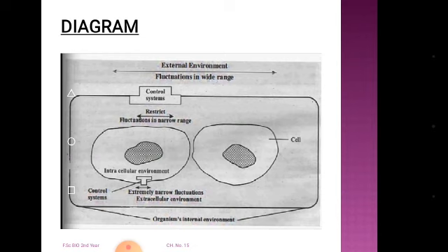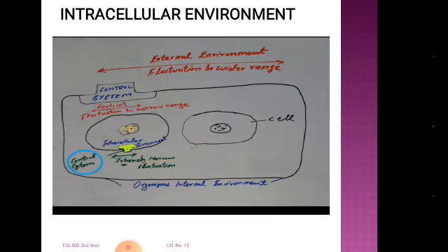In the external environment, fluctuation can increase up to a wider range, but the internal environment shows a narrow fluctuation. We can observe the same condition in another case, the intracellular environment.